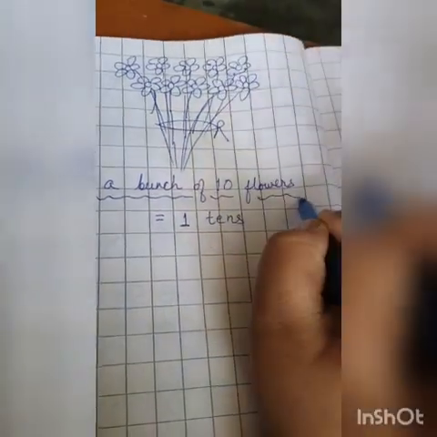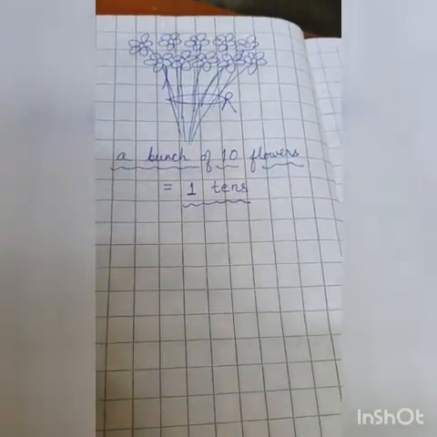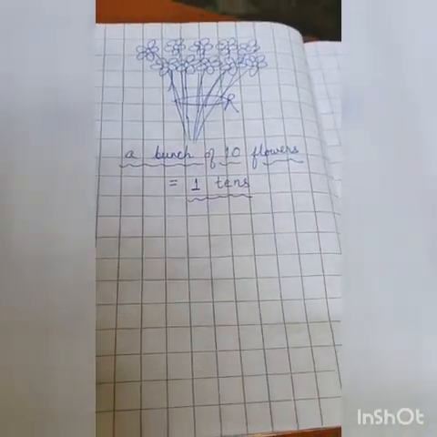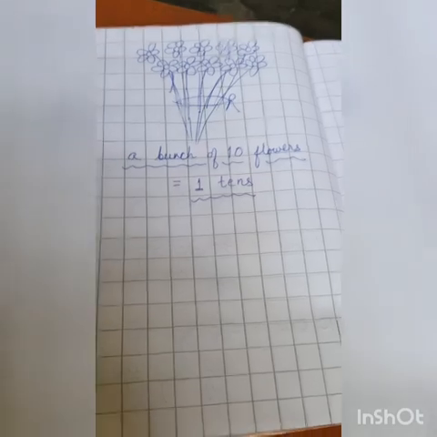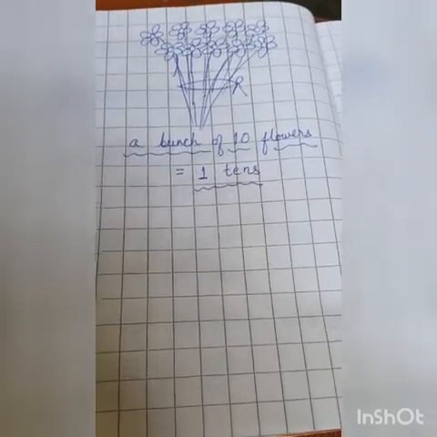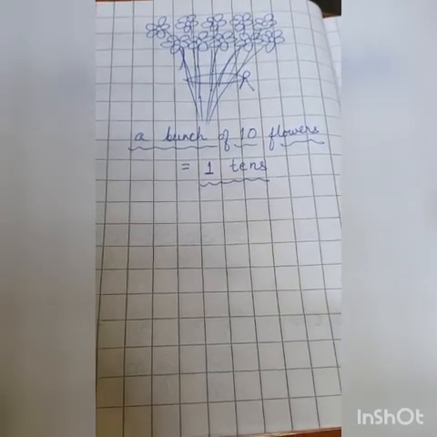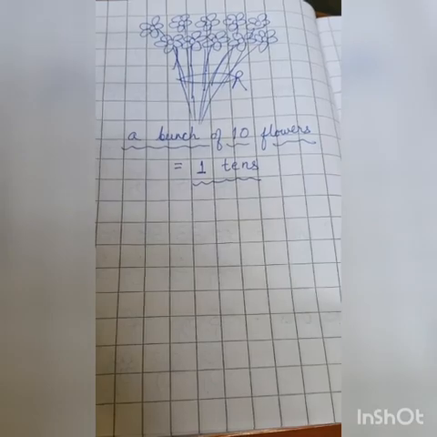A bunch of 10 flowers is equal to 1 tens. Right? Now take out your copy and pencil and do this assignment in a neat manner. Do not forget to color the flowers as well. Till then, bye bye.